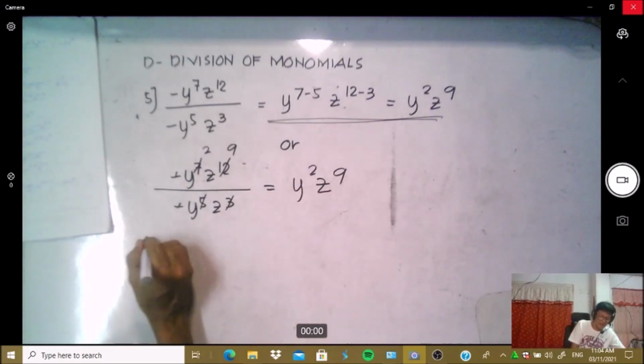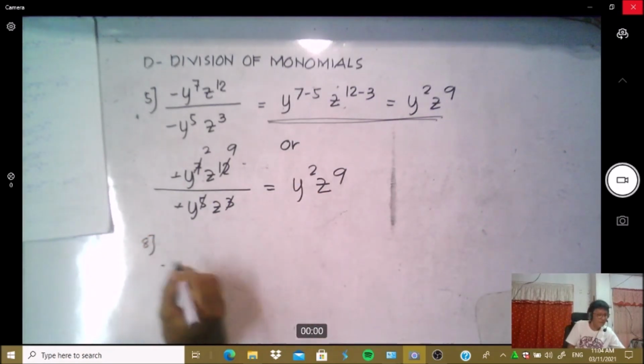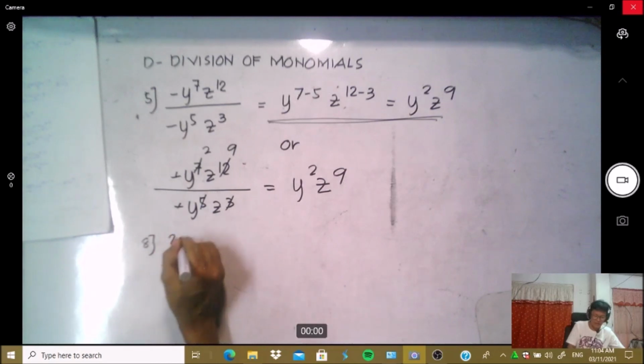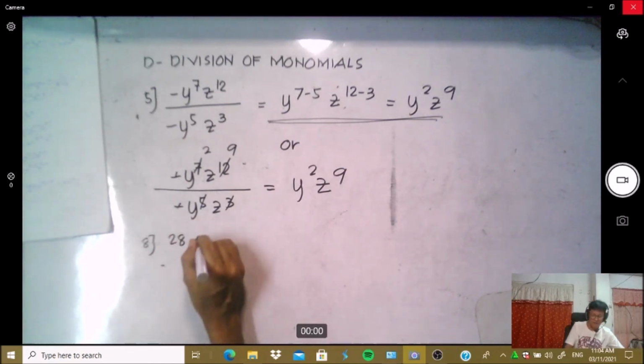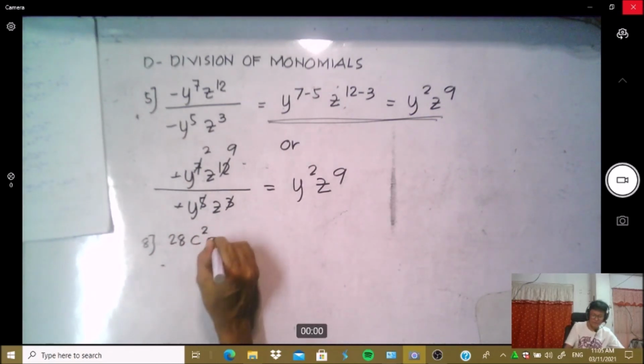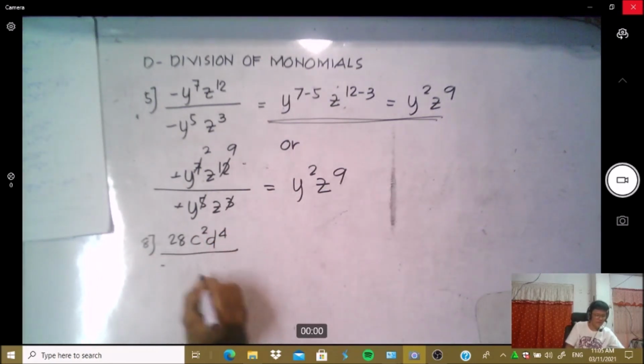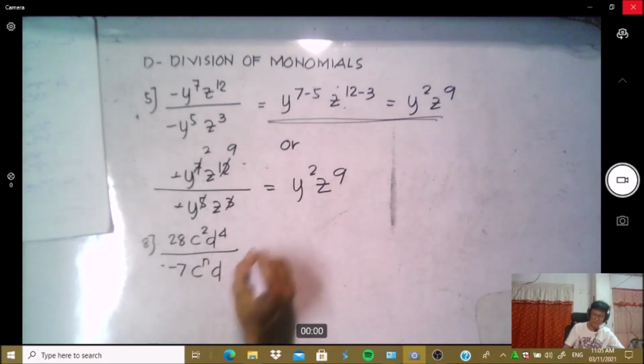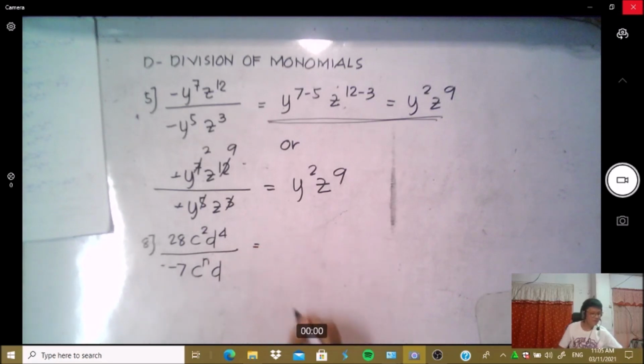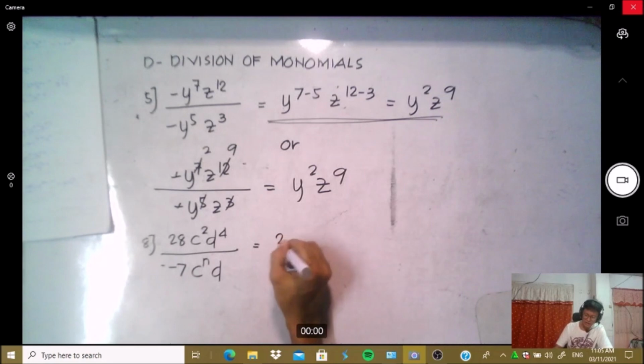Okay, for number 8, we have 28 c squared d raised to 4 all divided by negative 7 c raised to n then d. Okay, so we have 28 over negative 7.